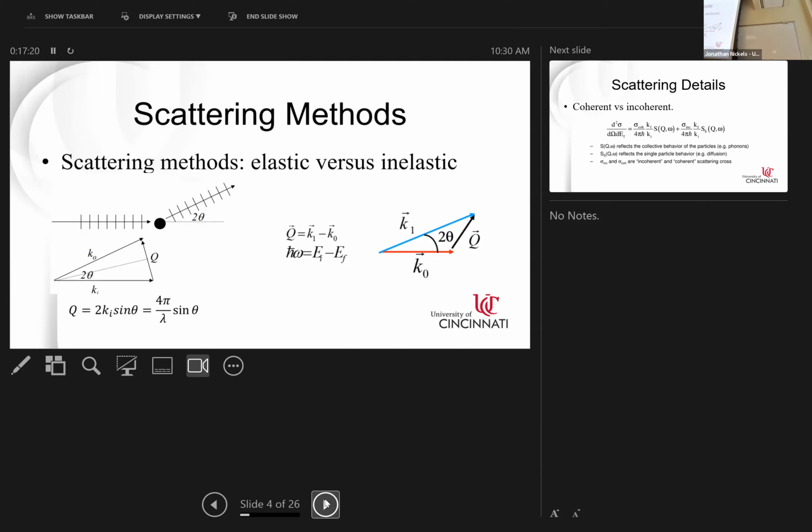But it has sufficient atomic number to see differences from carbon, nitrogen, oxygen, hydrogen. With neutrons, you see hydrogen really well. And so those light elements are why you care about this. That's why polymers and neutrons are really good friends. Biological materials as well.